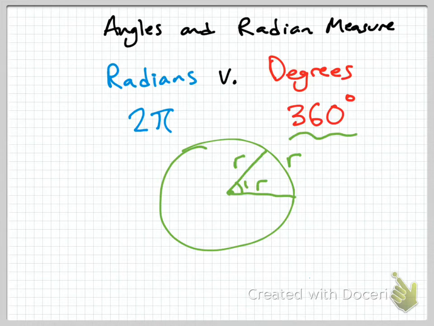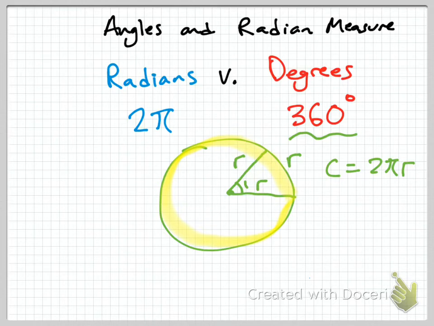We know that the circumference of a circle, the entire arc length all the way around the circle, is 2 pi r, or 2 pi times the radius. So radians actually tell us what the measure of an angle is with regard to how much of a circle it would be.